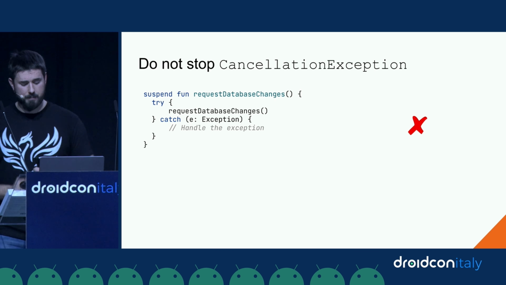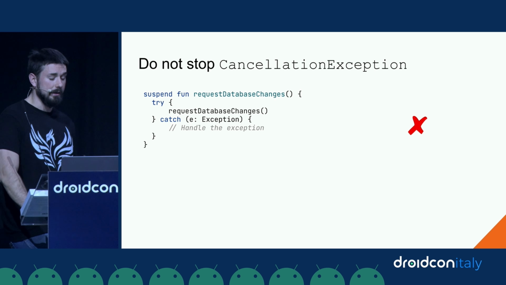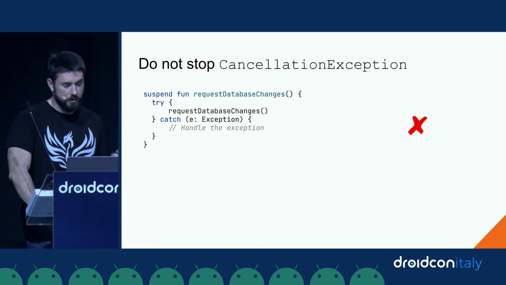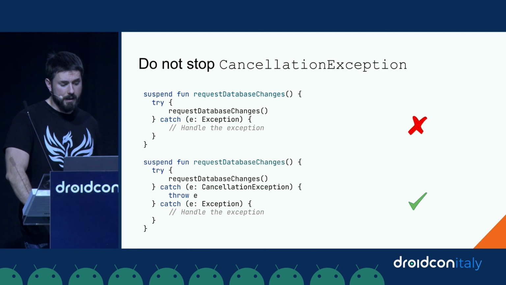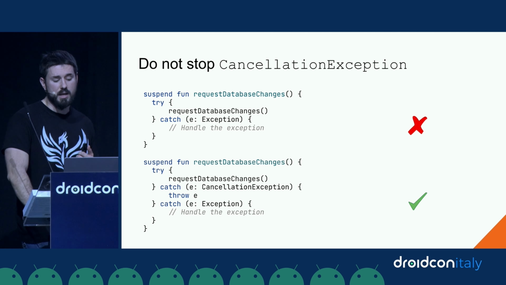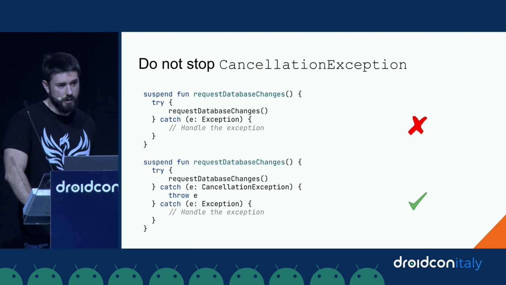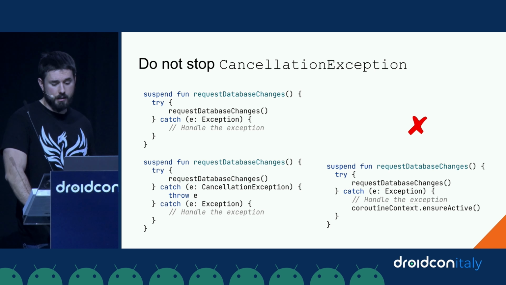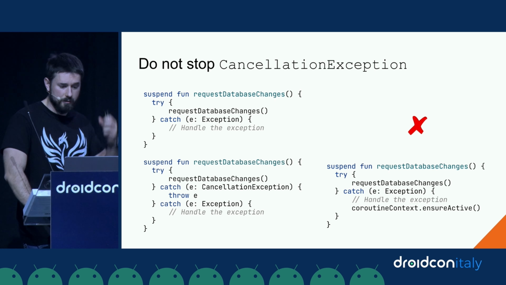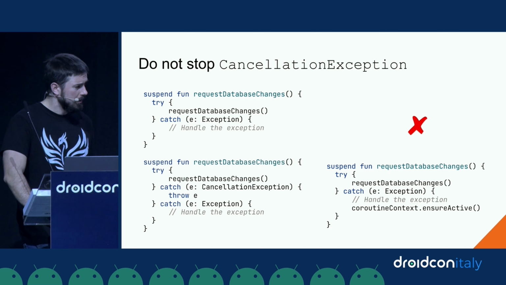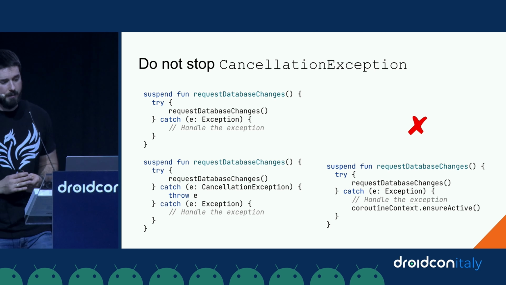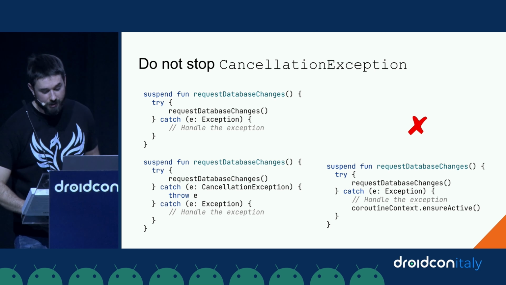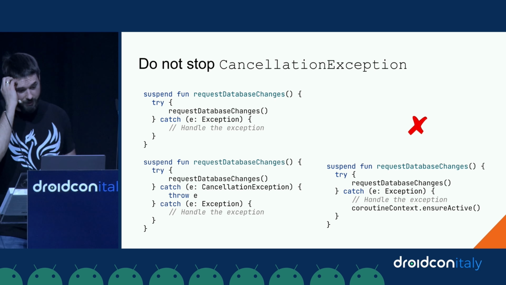We are messing with the mechanism, and it can lead to some terrible mistakes that I show in my workshops and in the new edition of the book. There are two ways to deal with that. We can either catch it separately and just rethrow it, or, another approach, we can call ensureActive at the end of the catch block. Both of those approaches have their pros and cons, and there are discussions on which to use. Some people argue for the second approach. We don't have time for such a discussion, but both of them have their pros and cons.